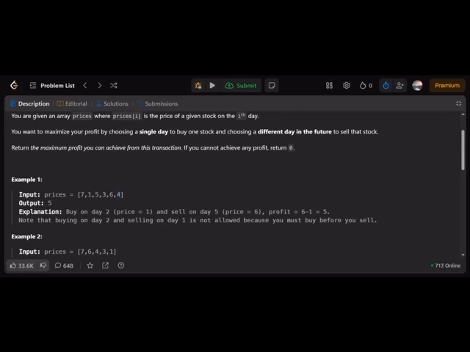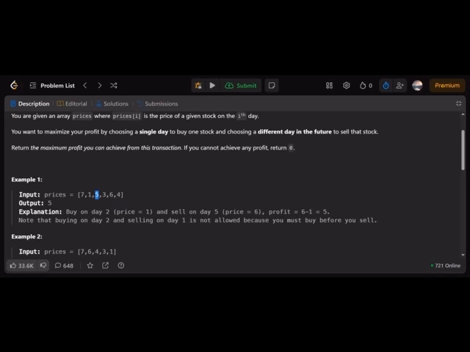If I buy the product at the price of 1, I can sell it on the following days for the price of 5, or 3, or 6, or 4.